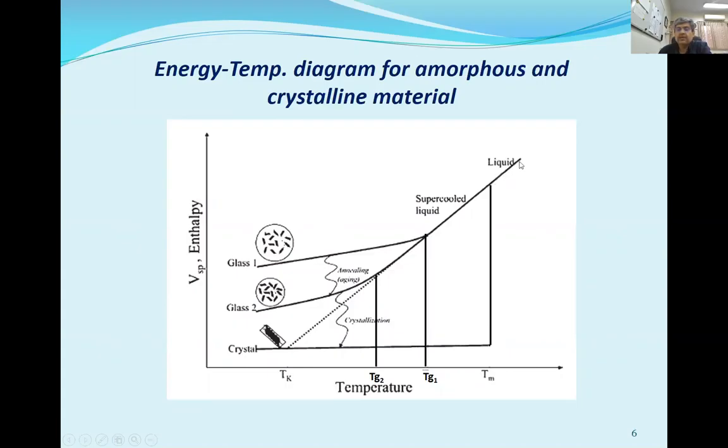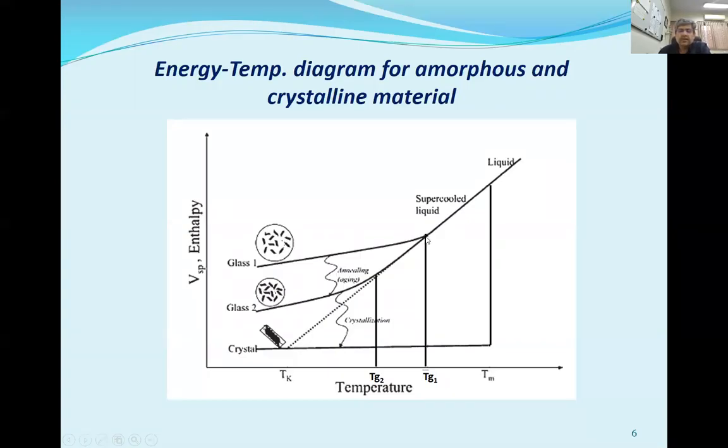And when we start to cool this molten form, the liquid enters into the supercooled liquid state, and at some point it deviates from this equilibrium line into a new non-equilibrium state called the glassy state. So the question that we are trying to address is: what would happen if this deviation does not take place during this cooling curve? This is an important aspect that we have to look into.